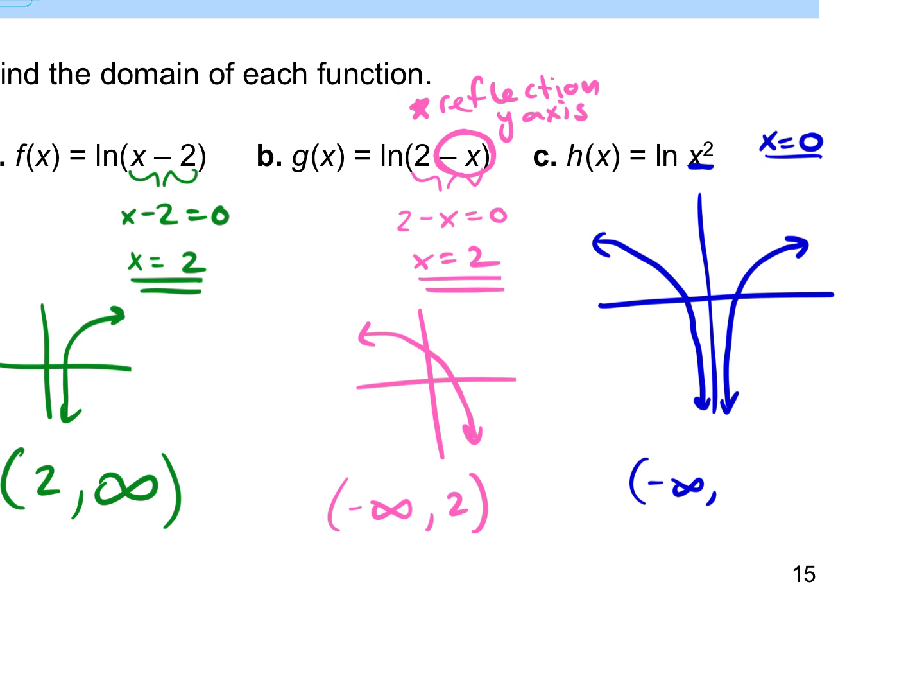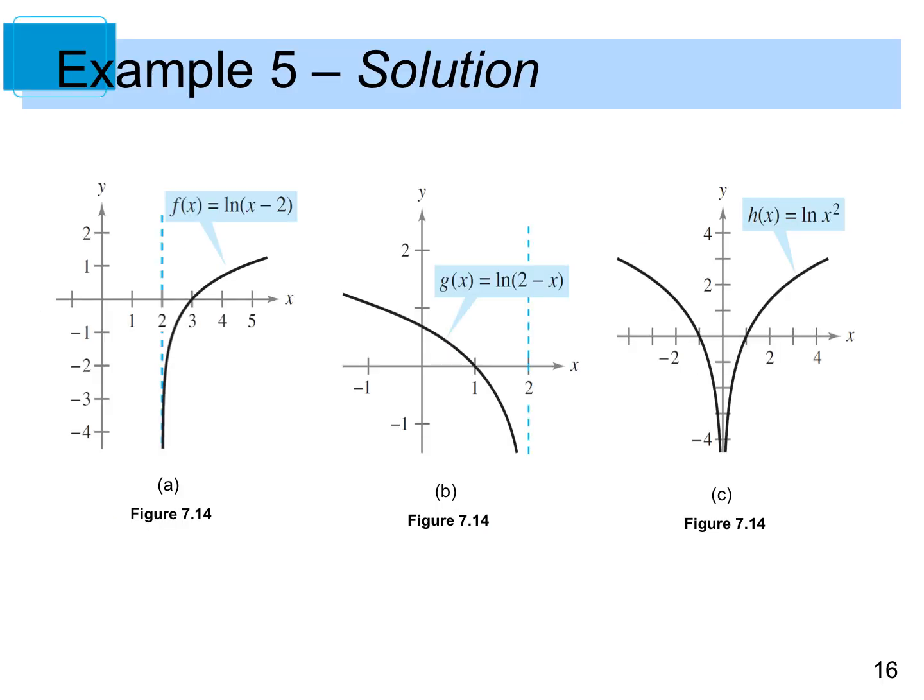So they don't quite touch. It would be at 0, because our vertical asymptote would be at 0. So it'd be from negative infinity to 0, and then from 0 to infinity. The last page is just the graphs of each one of those.